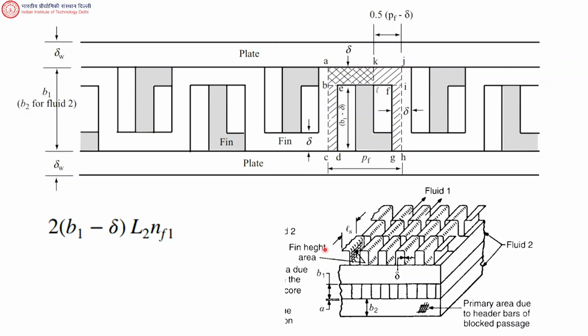So hopefully you can read this fin height area and you can follow this arrow on the fin, right? Again, this figure is not in the book. This is from the book by Shah and Sekulic. Right, so this area is fin height area.